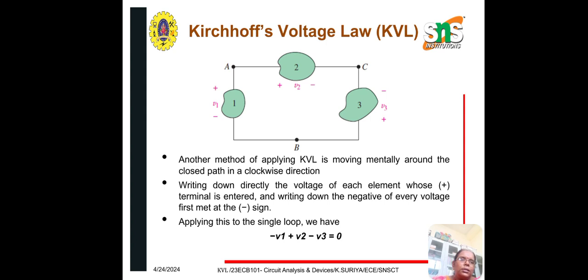Since entering is negative sign for V1, it is minus V1. Then entering is positive sign for the second one, it is plus V2, and for the third one also the entering is negative sign, it is minus V3.